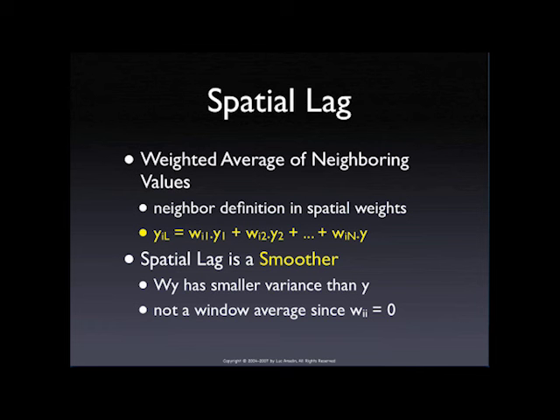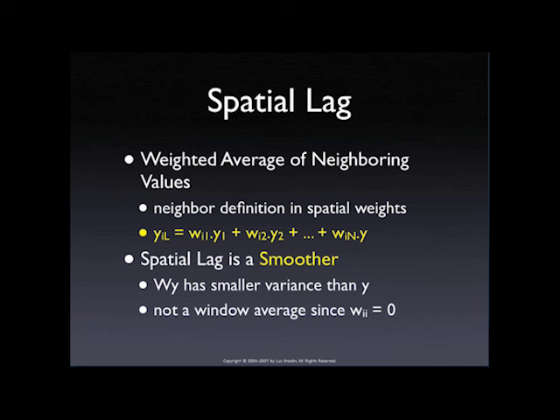What are the subscripts on y, i l? Okay, i is for the location. The l specifies the lag. So y_il is the spatially lagged variable for location i, which is constructed by multiplying the value of y at each of the other locations by the corresponding weight in the weights matrix. The row of the weights matrix W corresponding to location i would have w_i1, w_i2, and so on, all the way to w_in.